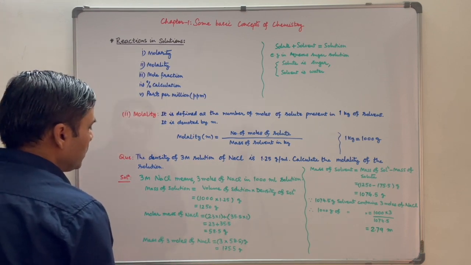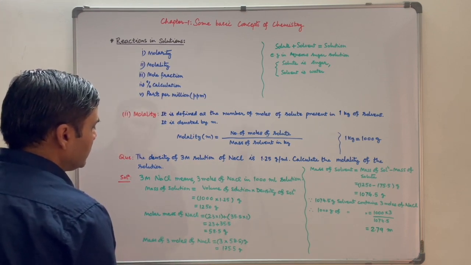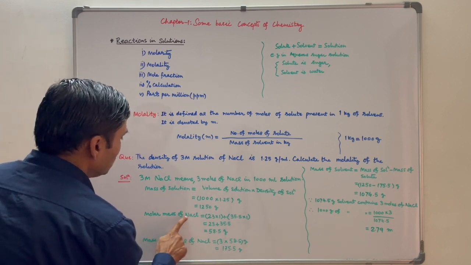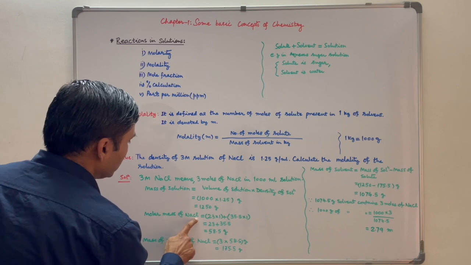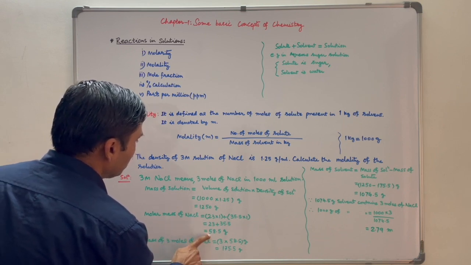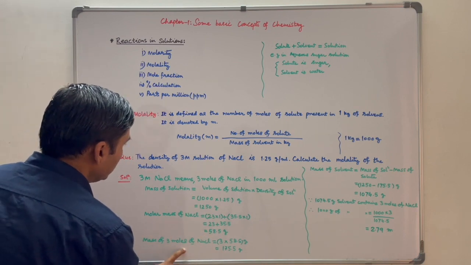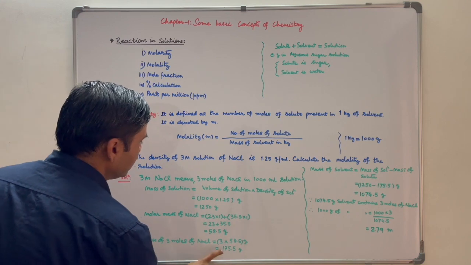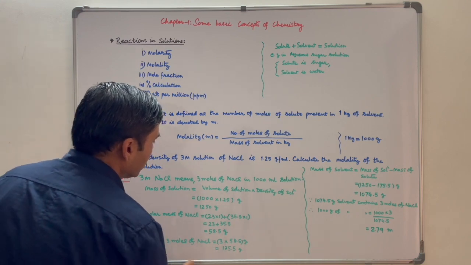Now we will calculate the mass of 3 moles of NaCl, that is solute. So molar mass of NaCl will be 23 into 1 plus 35.5 into 1. That comes out to be 58.5 gram. So mass of 3 moles of NaCl will be 3 into 58.5. That is 175.5 gram.